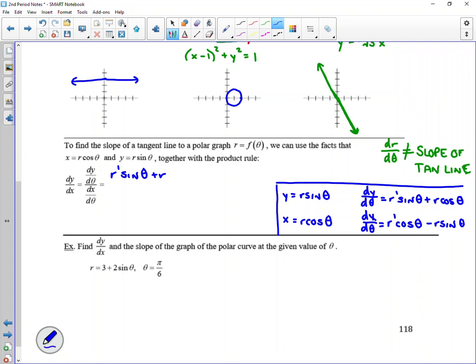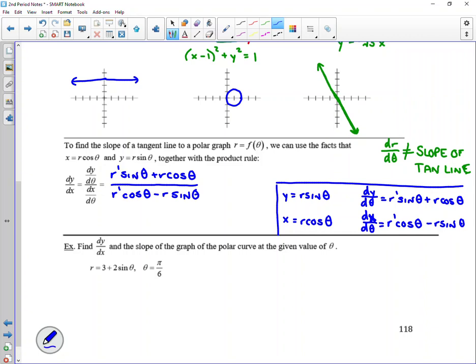Did you write r prime as dr d theta? You can, but I just do r prime. It's supposed to be dr d theta, but for the formula, it's easier to just write it as r prime. Okay.